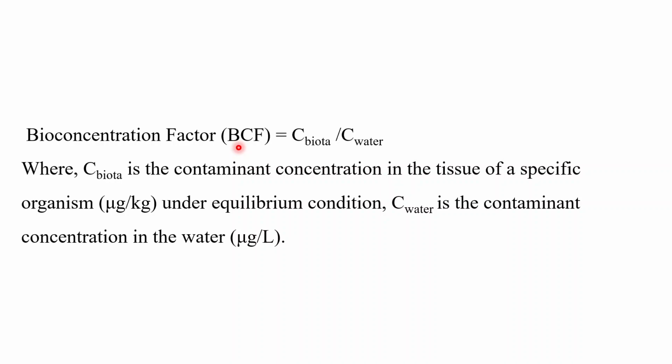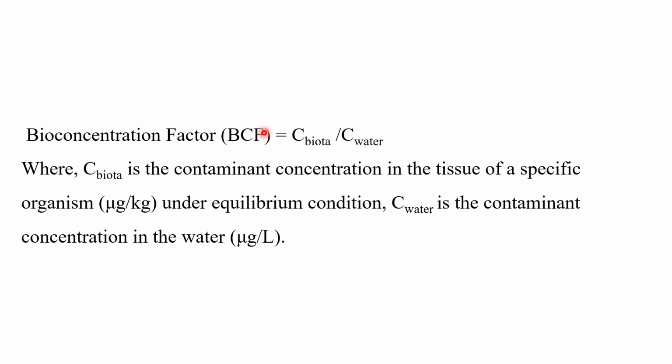Okay, so it is important to see, like let's say there is a synthetic compound which is being used as a pesticide, how much it will get incorporated in the biota, in the different species that are around us.